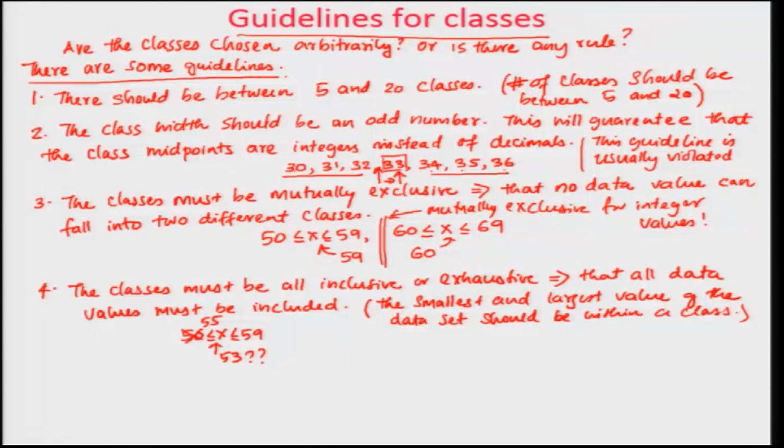Then the fifth rule is that the classes must be continuous, which implies no gaps in the frequency distribution.